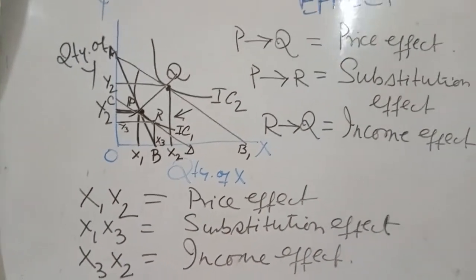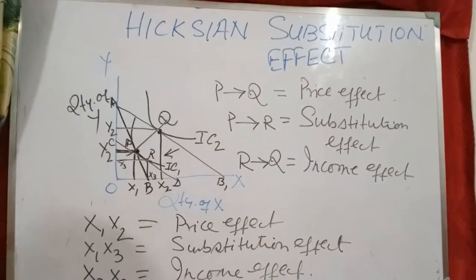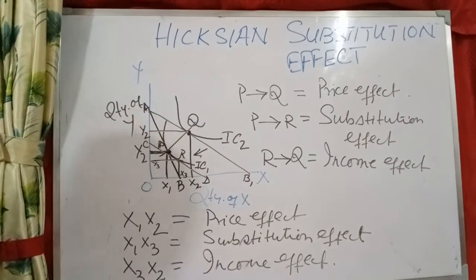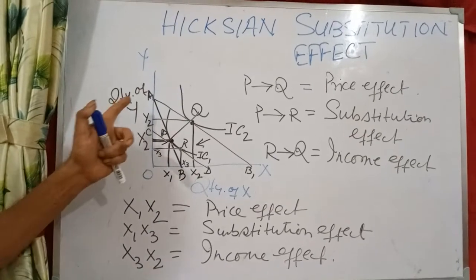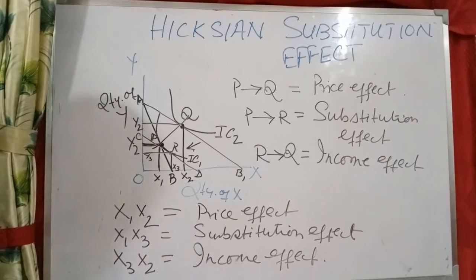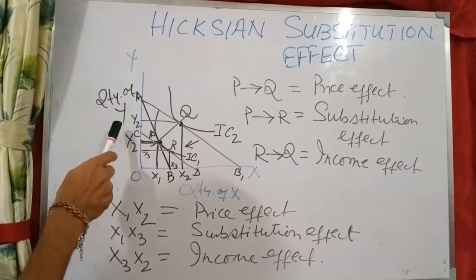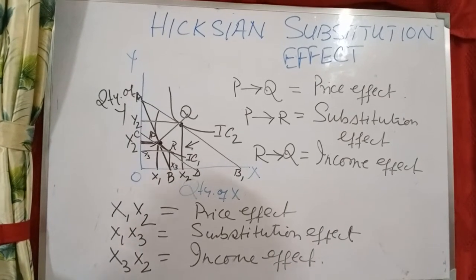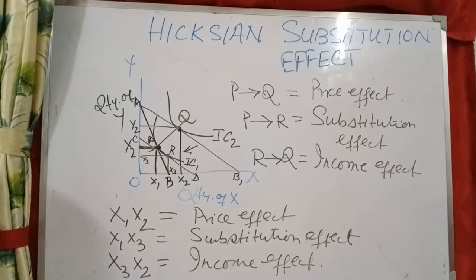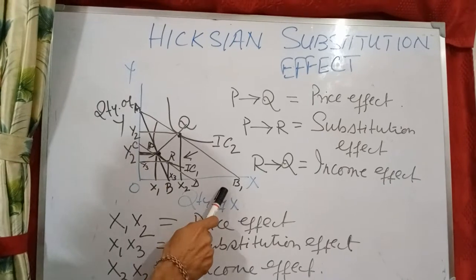So we have learned how price effect is divided into substitution effect and income effect according to Hicksian approach, where the consumer is initially in equilibrium at point P, that is the point of tangency between AB and indifference curve IC1. As price of X falls without any change in price of Y and money income of the consumer, the new budget line becomes AB1.